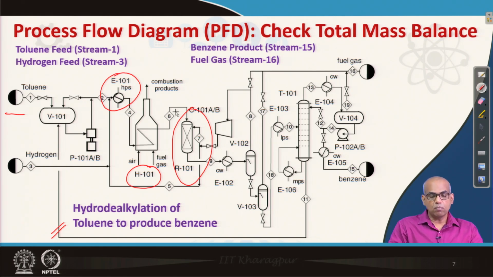The effluent from the reactor is cooled with E101, and then the cooled stream is phase separated using phase separators V102 and V103.